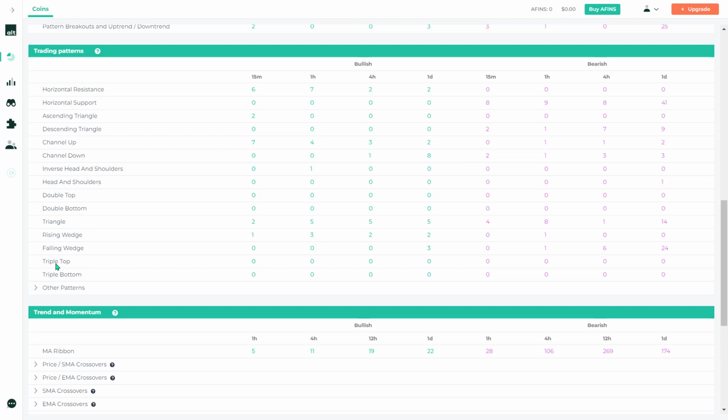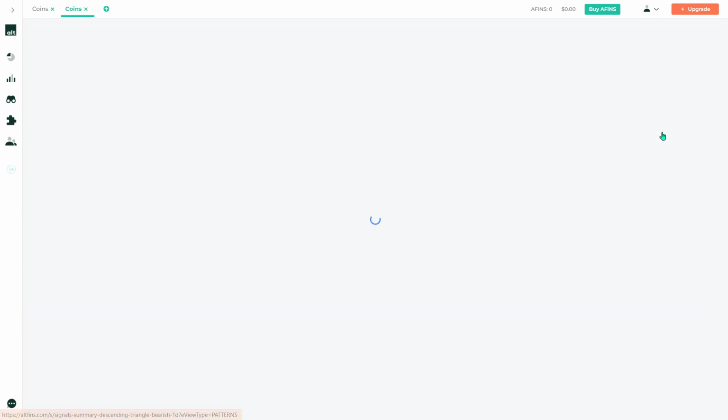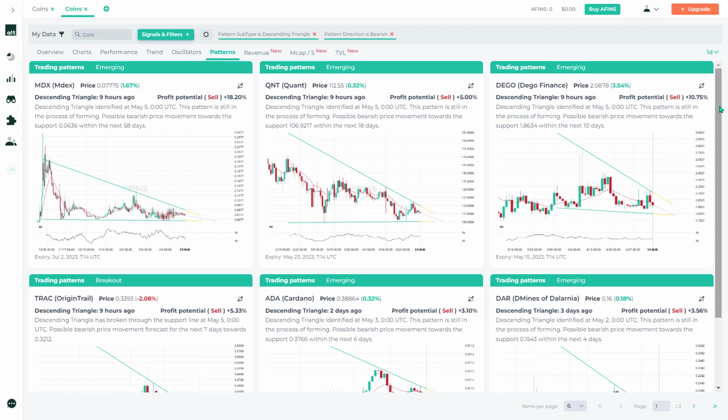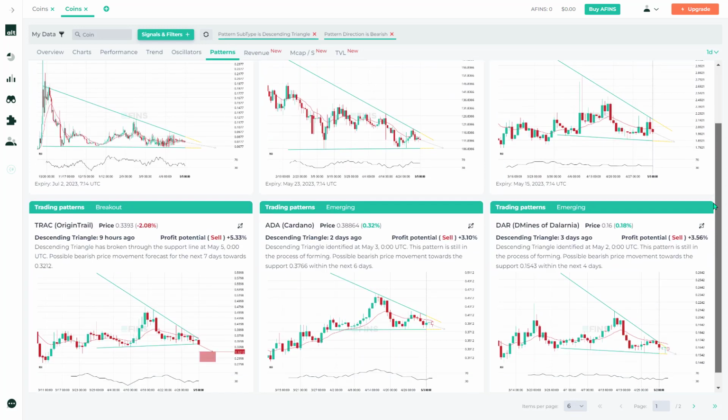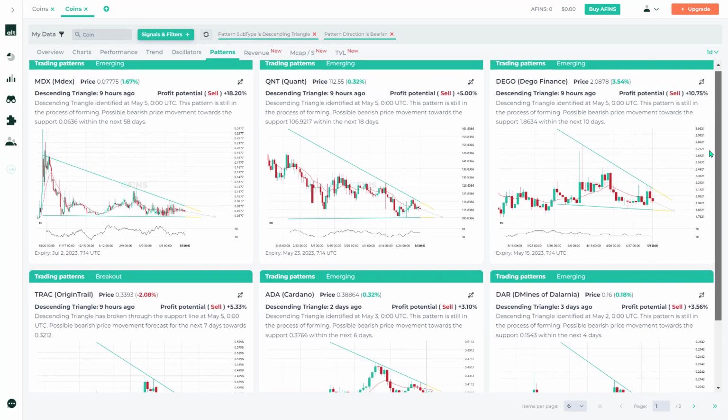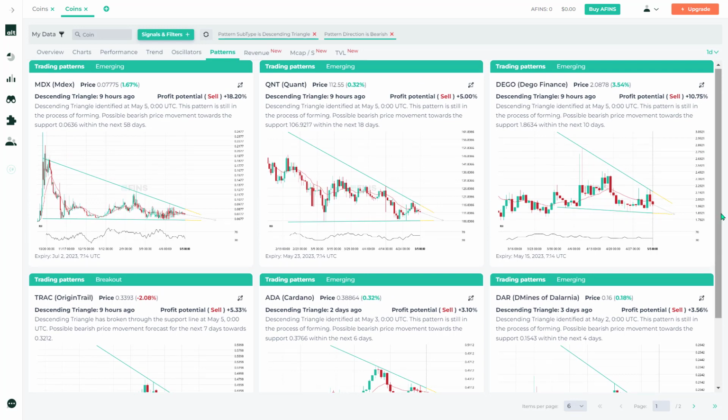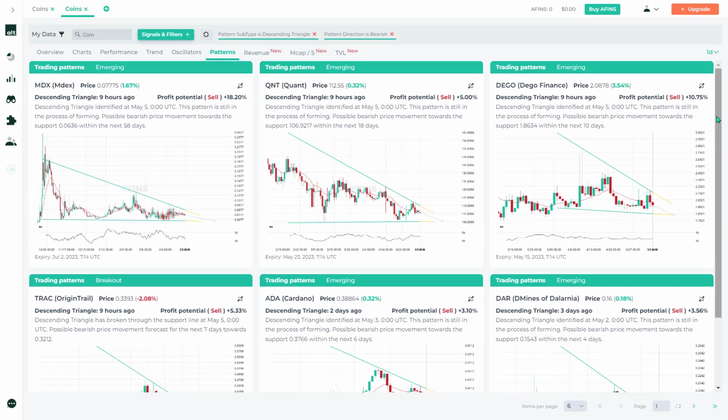So, for example, for the descending triangle right here, there aren't any bullish, but there are 9 bearish descending triangle trade setups right now. That takes us back to the screener with the patterns tab open, which shows you all the descending triangles. These are getting close to the pinnacle of the triangle, so we should be seeing some breakouts in the next few days.